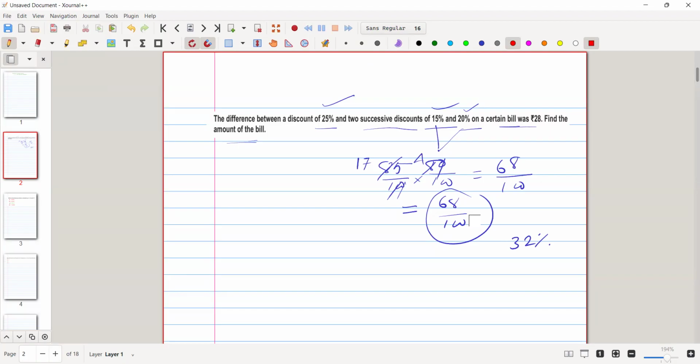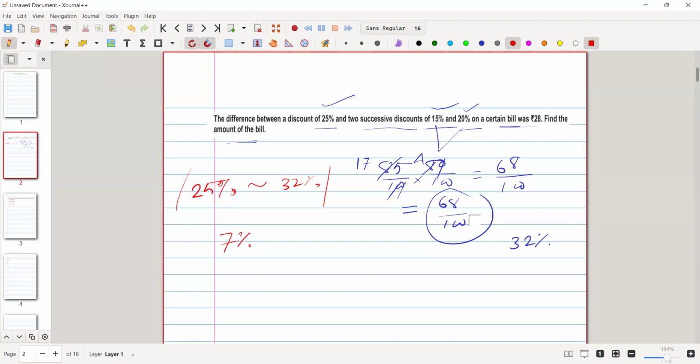So now tell me, what is the difference of a single discount of 25% and the equivalent discount of 32% of the two successive discounts 15% and 20%? What will be the difference of these two discounts? So the difference is 7%.